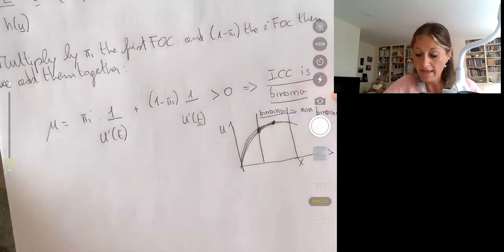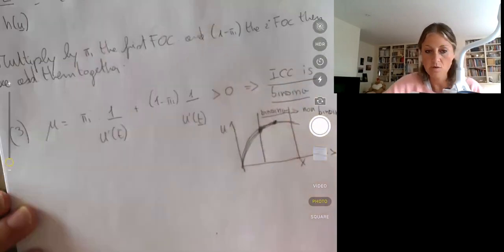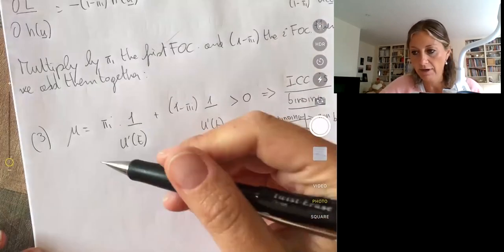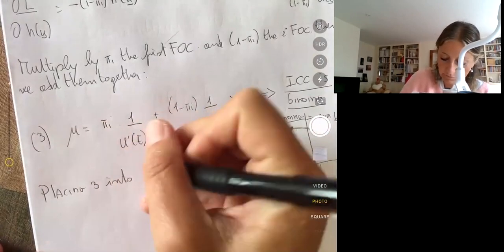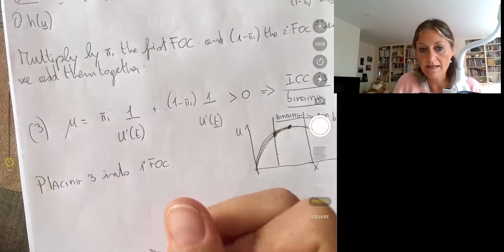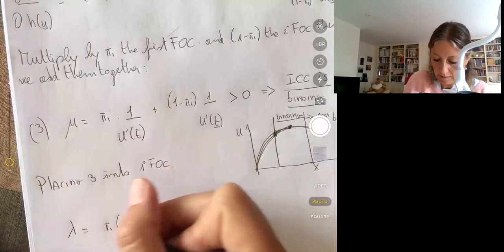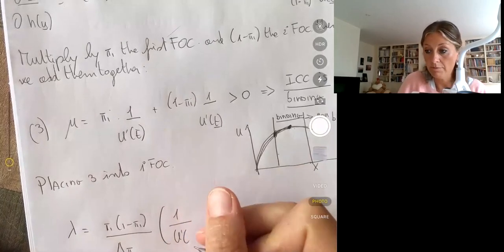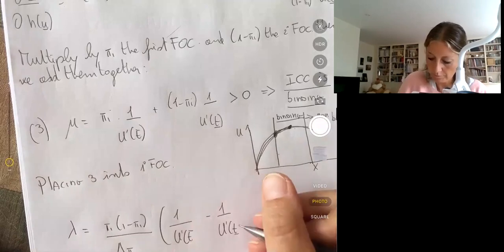If we call this equation 3, and place it into the first order conditions and solve, try it as an exercise, you should get that lambda is equal to pi 1 times 1 minus pi 1 divided by delta pi times 1 over u prime of t upper bar minus 1 over u prime of t lower bar.